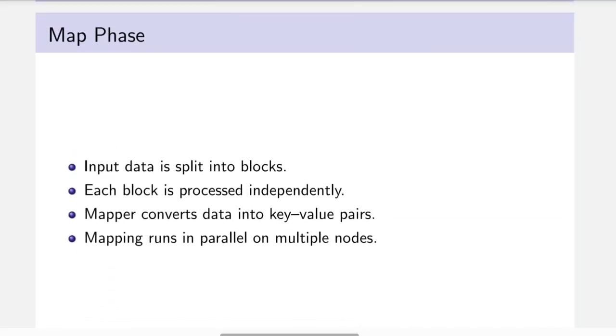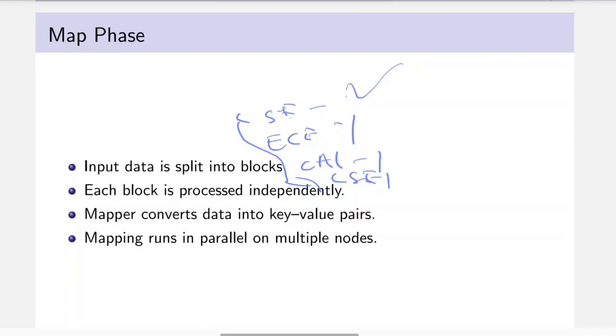So let us go to the map phase. Suppose we count students per department. The mapper output is CSC with 1 student, ECE with 1 student, CAI with 1 student, and again CSC with 1 student in a class. Each record is processed separately. If you see, CSC has 2 students, right? So how does map treat them?